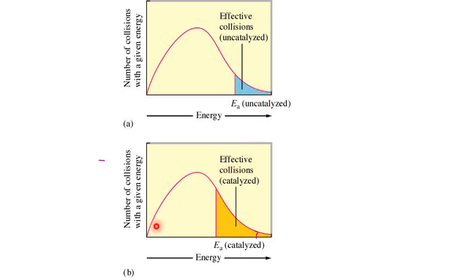Whereas when you add a catalyst, with the same number of particles, the activation energy is lower, and in this case it is higher. The energy is increasing this way, so this is a higher activation energy, and here is the lower activation energy. So more particles will have effective collisions in a catalyzed reaction.